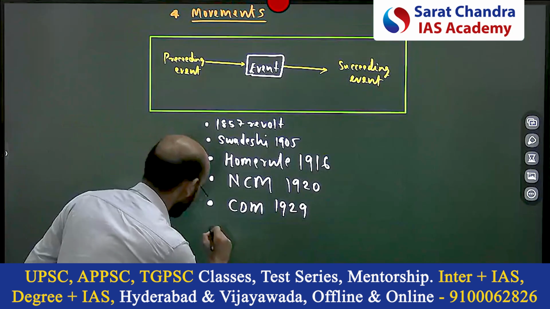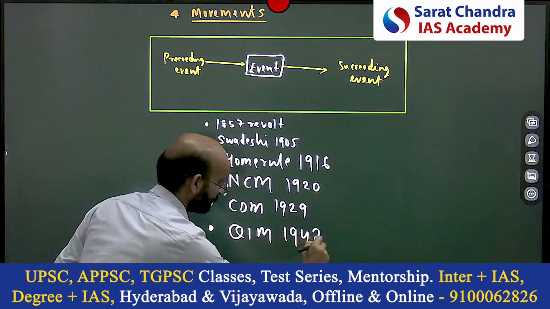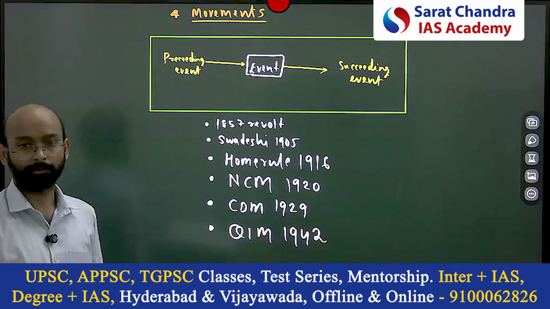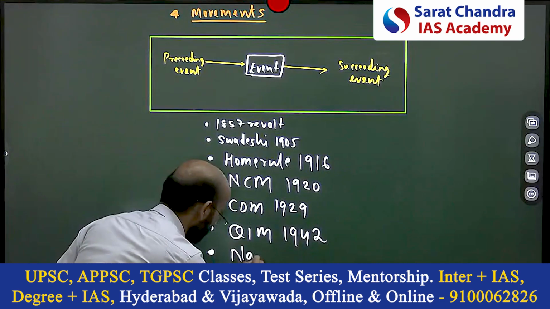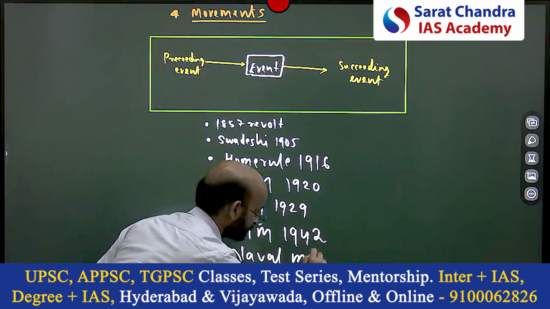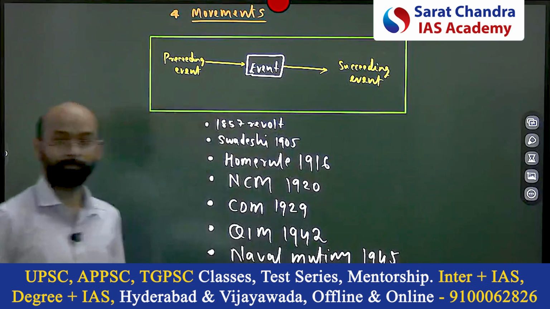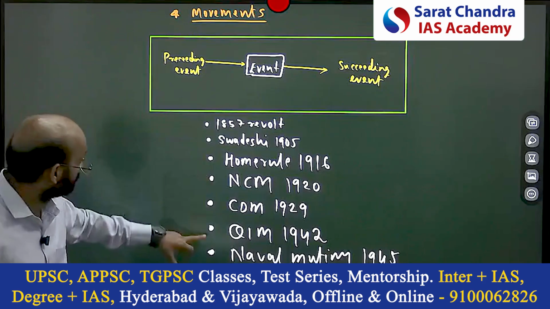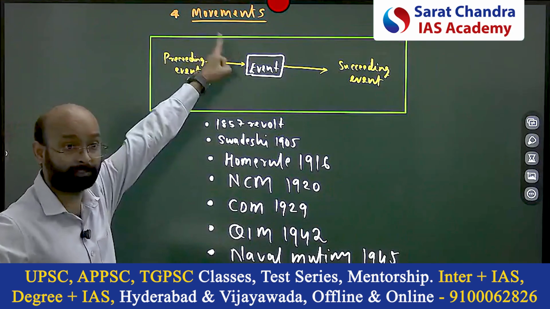Then you have the Quit India movement, 1942. One more important question is the naval mutiny, I think in 1945. These are the 7 important movements you have to cover under this topic, this template.